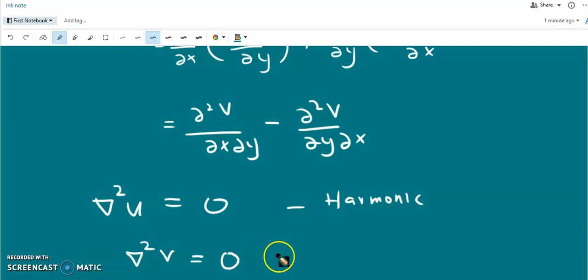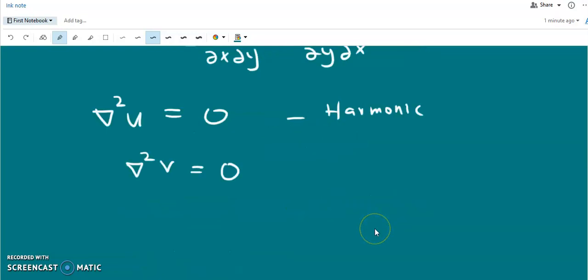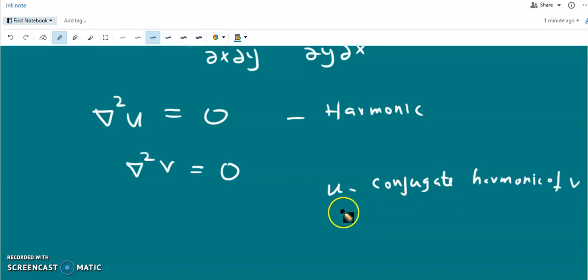And generally, the theory of harmonic functions is called the potential theory. So here u is generally called the conjugate harmonic function of v, and v is called the conjugate harmonic function of u, so that u plus iv is analytic.